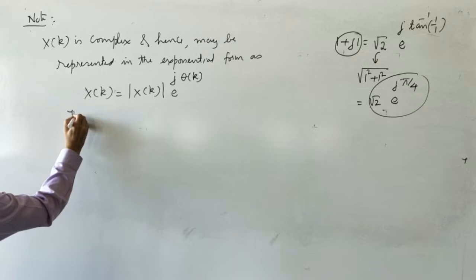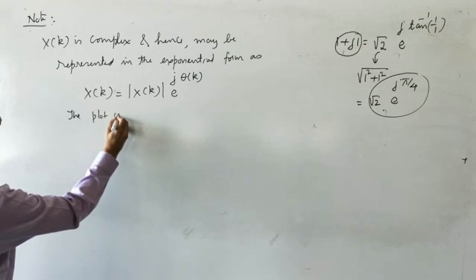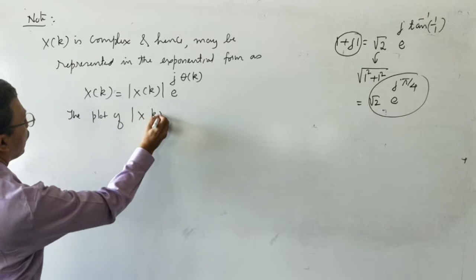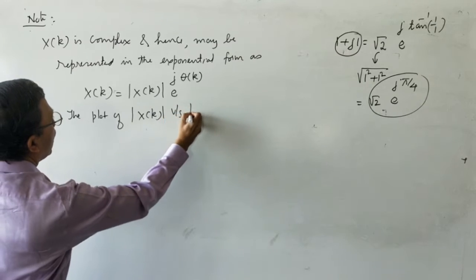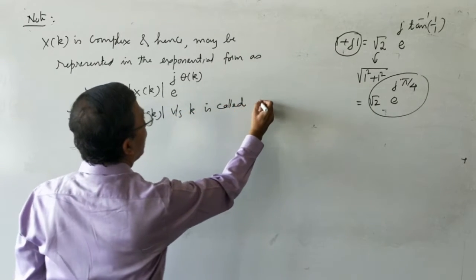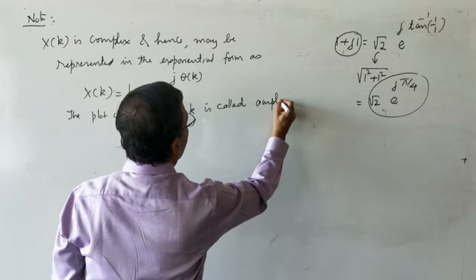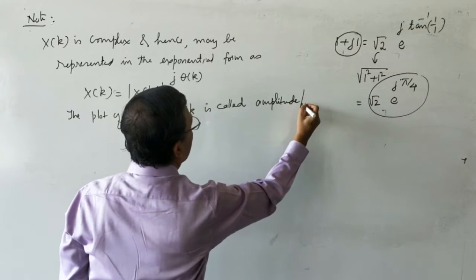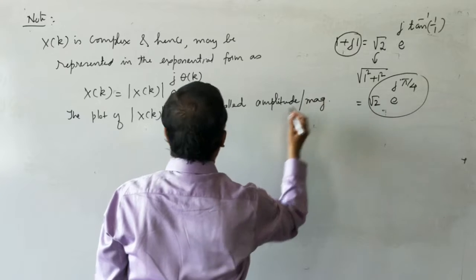The plot of magnitude of x of k versus k is called amplitude or magnitude spectrum.